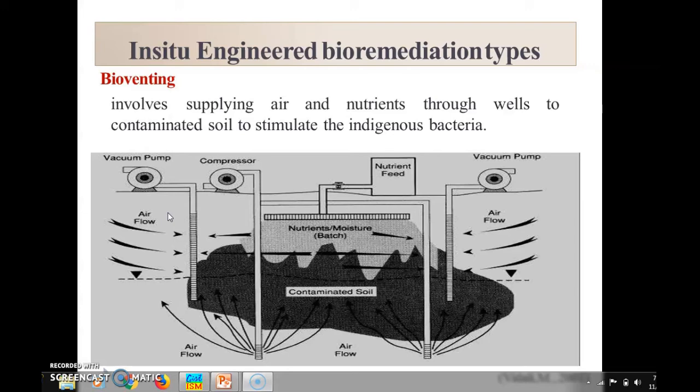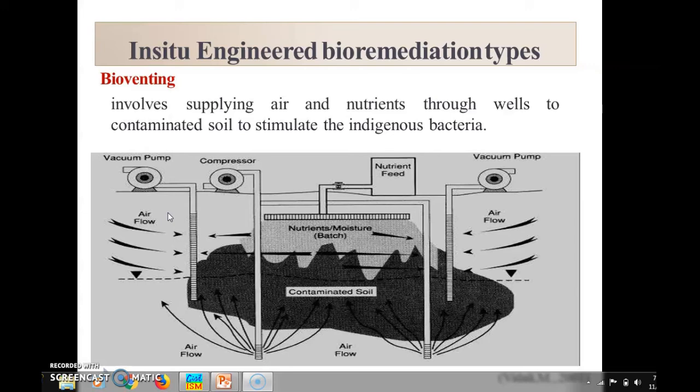It involves supplying air and nutrients through wells to contaminated soil to stimulate the indigenous bacteria. The contaminated soil is supplied with nutrients and air, which are required for the growth of the indigenous bacteria, stimulating its growth and the bioremediation process.